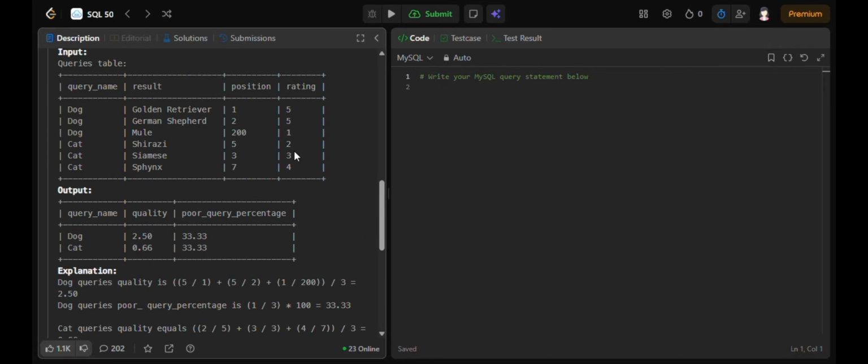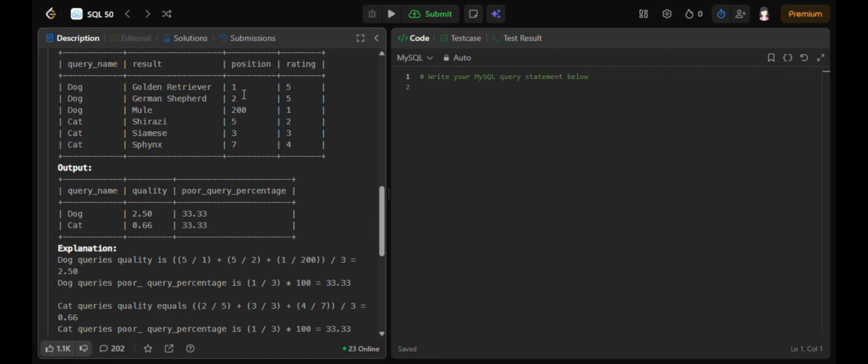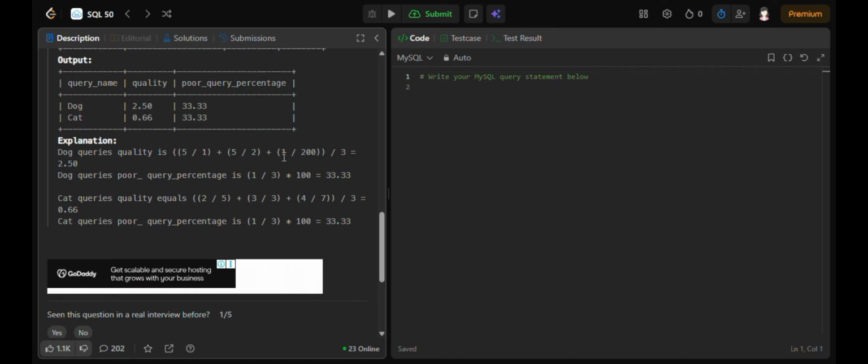So to calculate the quality of dog, we are taking the average of the ratio between the rating and the position.